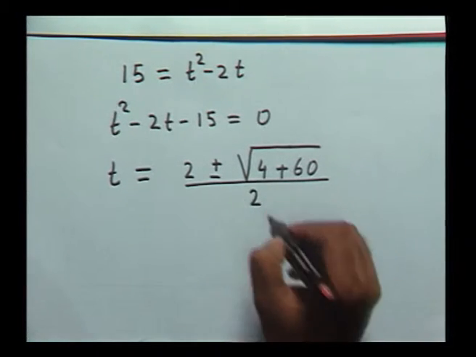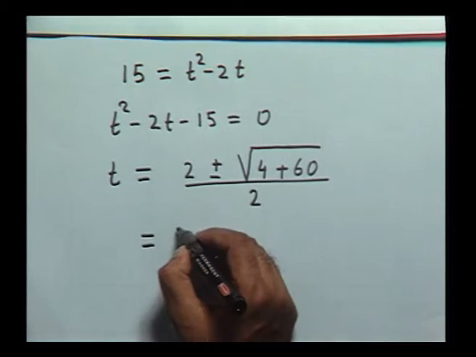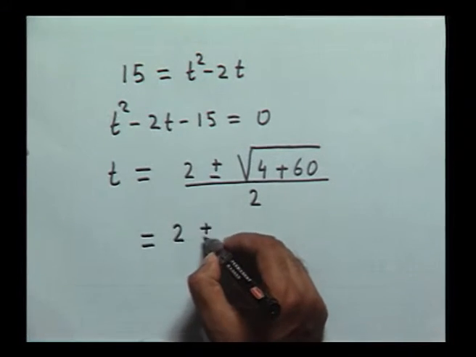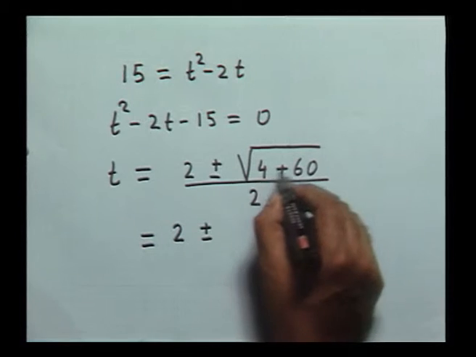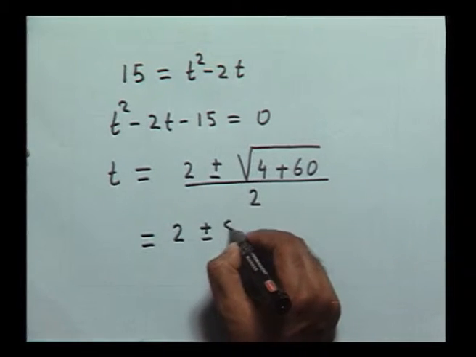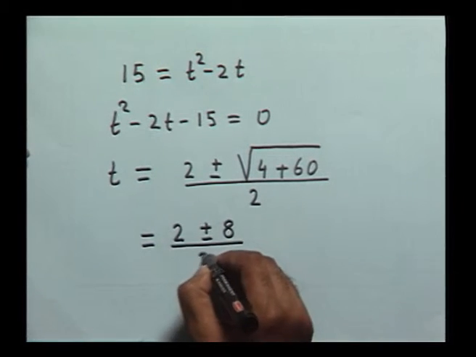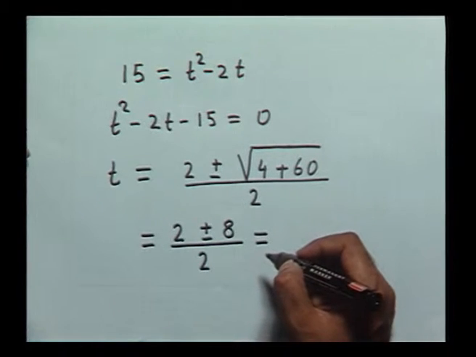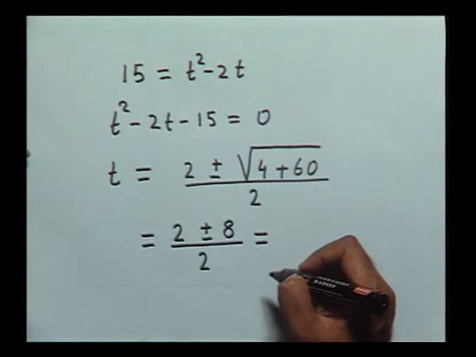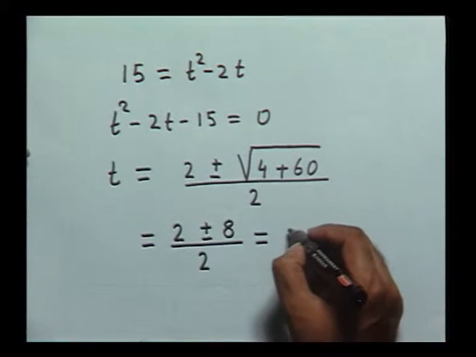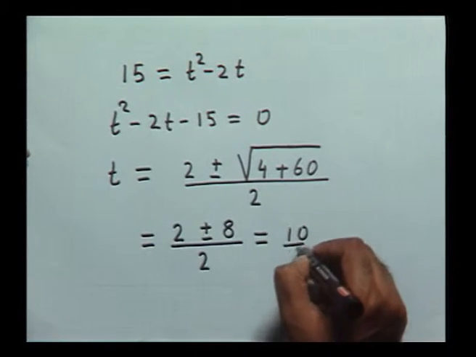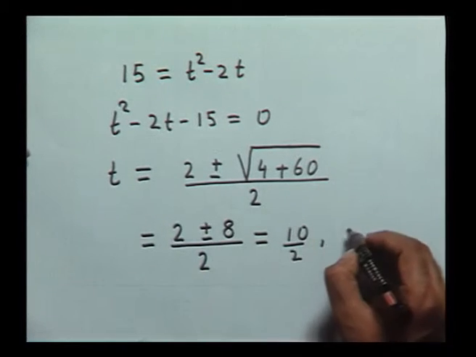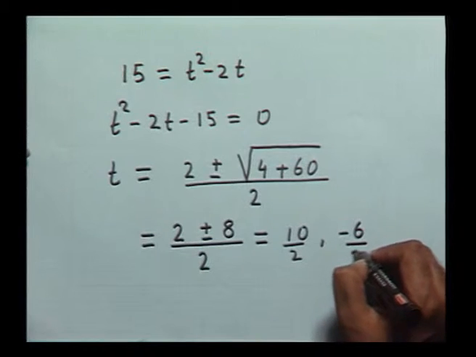upon 2. That turns out to be equal to 2 plus minus under root of 64, which is 8, divided by 2. That is going to be 10 upon 2, and 2 minus 8 will be minus 6 divided by 2.